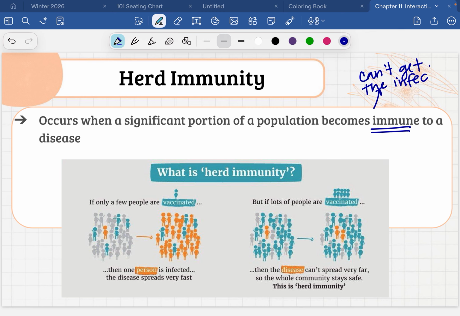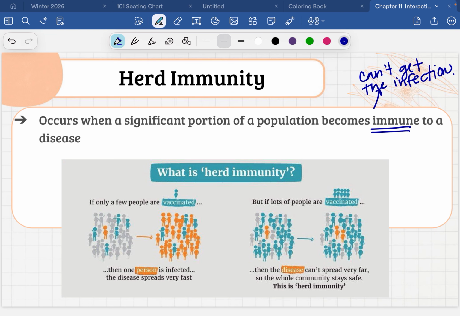We'll talk more about how that happens when we get to the immune system. But typically when you are immune to an infection, it means that your body has defenses set up so that that disease cannot infect you. That disease cannot get inside your body, and it is not going to make you sick. Your immune system is set up to kill it before it can hurt you.